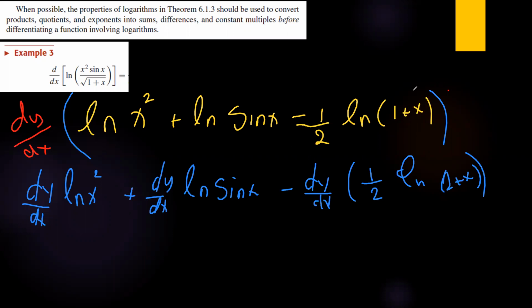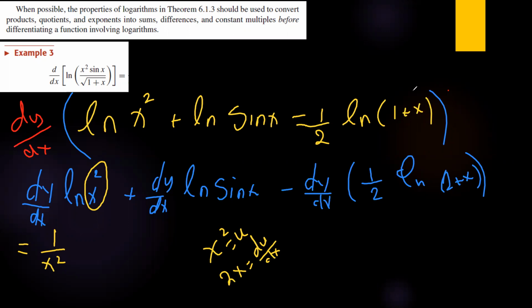Here, what did we have? We assumed that this is u. Since x squared is u, so 2x would be du over dx. So we have 1 over x squared times... or no, wait, why do we have to use this way?